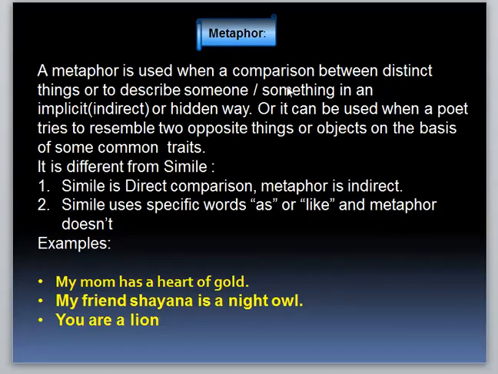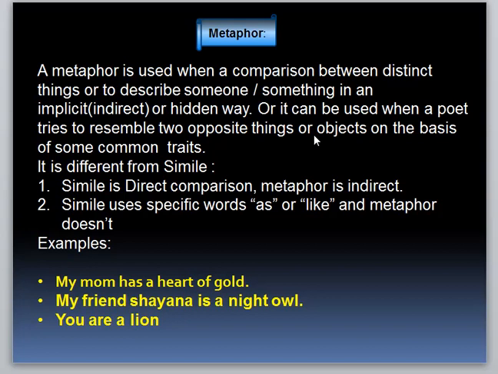Next, we have metaphor. A metaphor is used when there are two distinct, opposite things, whether living or non-living, to describe someone or something, where the message is a little hidden.